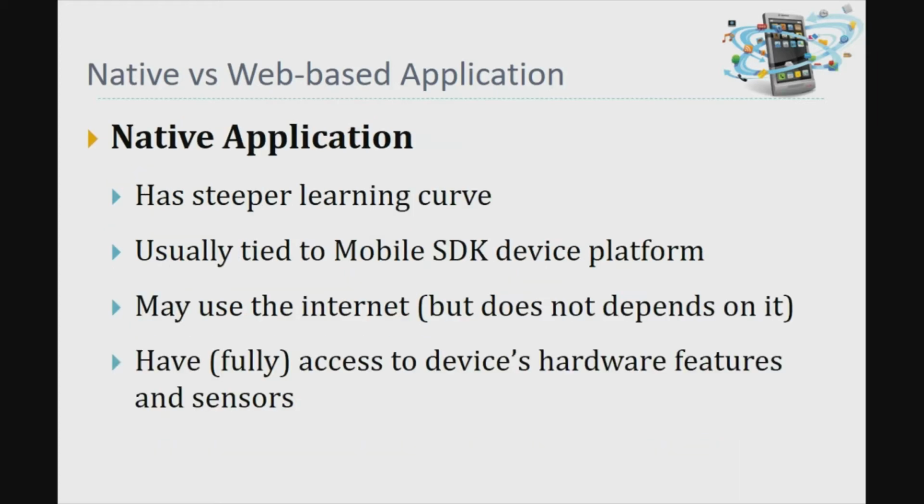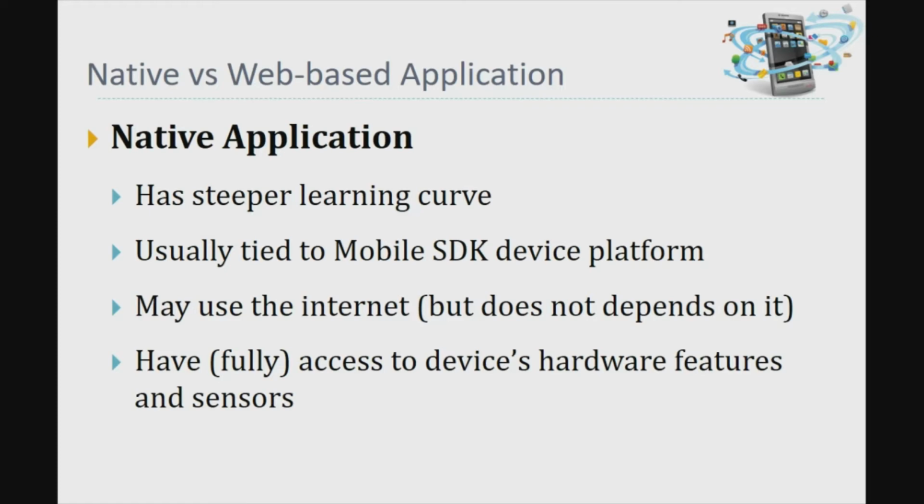Native application has a steeper learning curve. Okay, it's usually tied with the mobile SDK device platform and may use the internet but does not depend on it. An example of a native application is your game application.